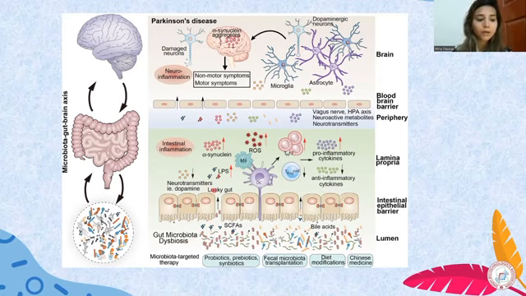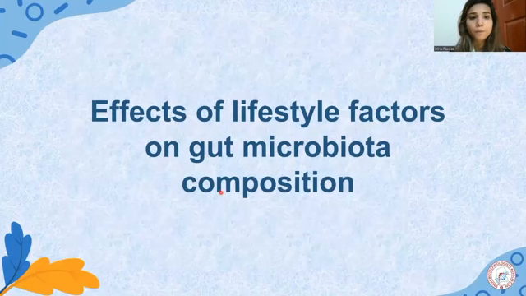And there will be bowel inflammation, like different inflammatory signals being sent from your gut to the brain, and due to your GI dysfunction, some postural instability is seen in PD patients.